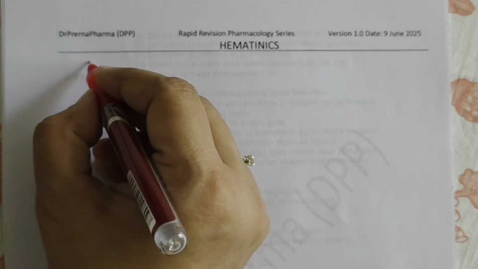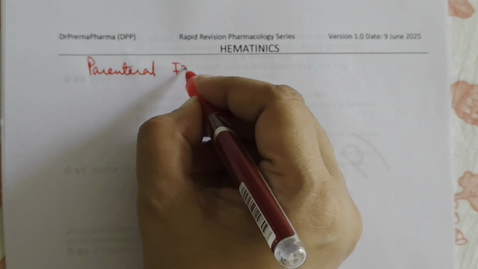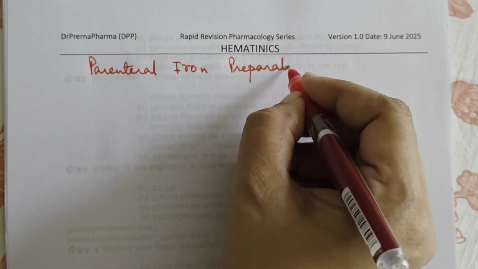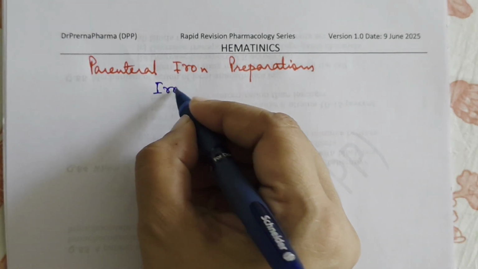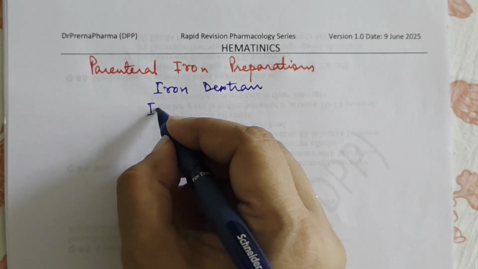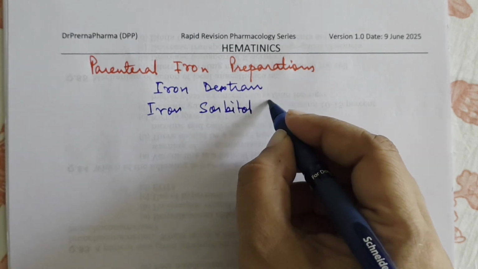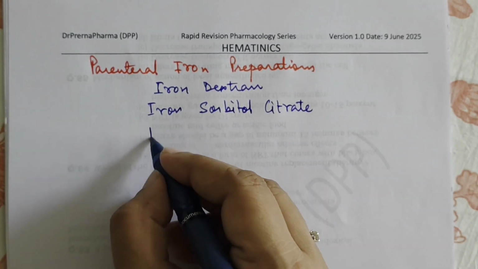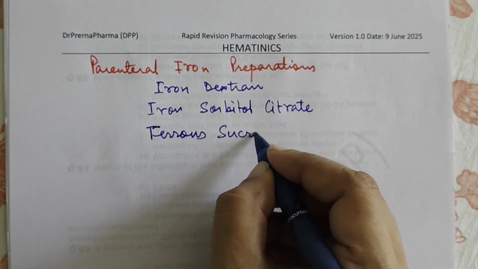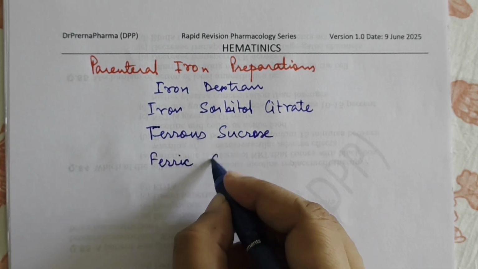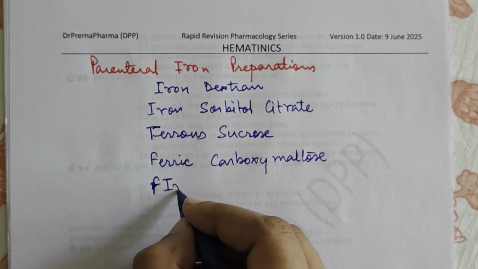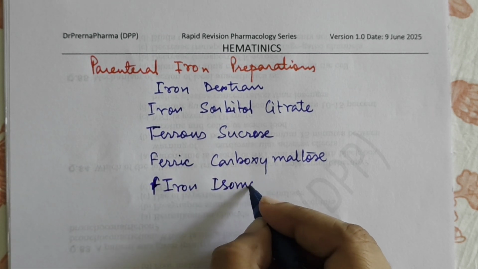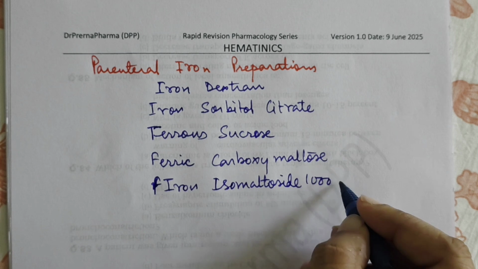Okay, आगे बढ़ते हैं. Parenteral iron preparations. Now parenteral iron preparations में we have iron dextrin, iron sorbitol citrate, ferrous sucrose, ferric carboxy maltose, and iron isomaltoside 1000.